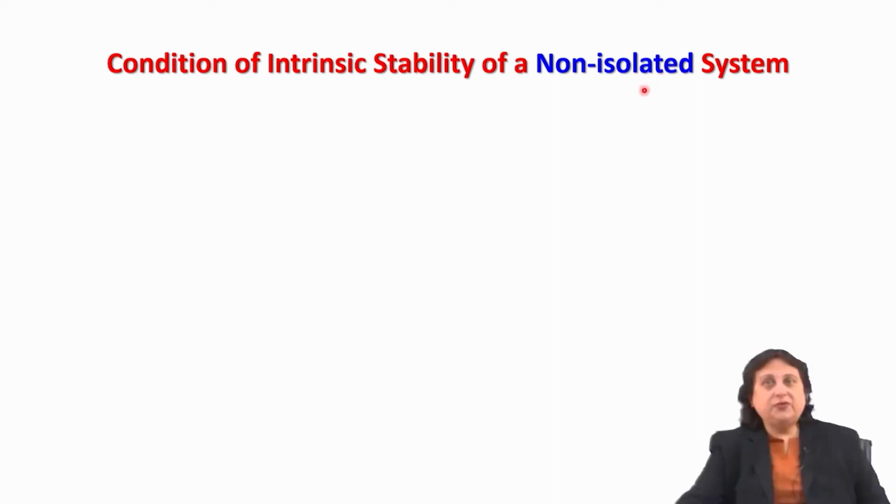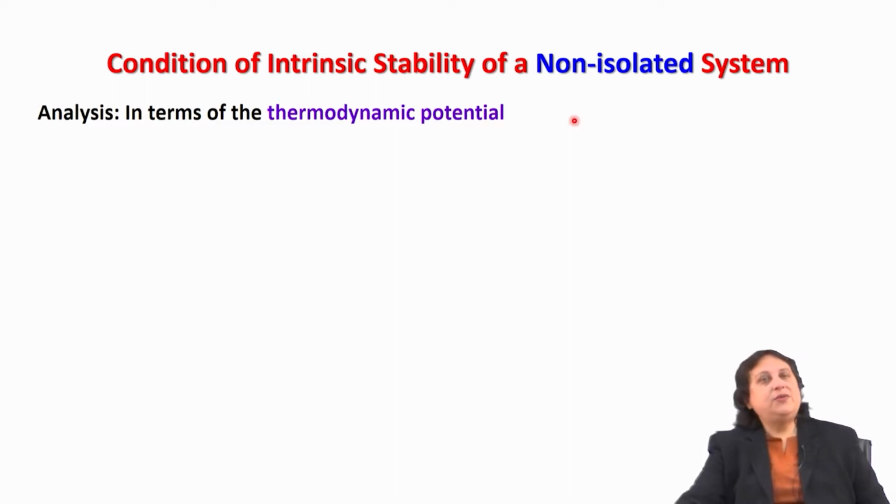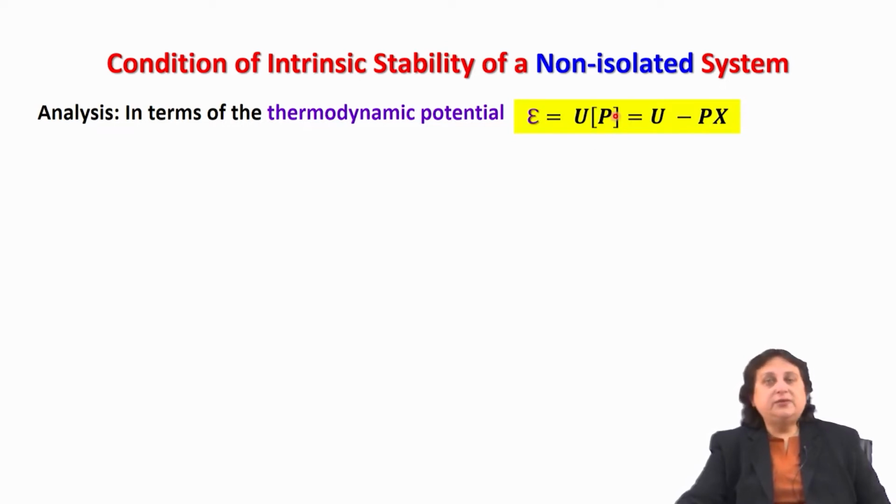Now, moving ahead, we can discuss the condition of intrinsic stability for a non-isolated system, because most of the real systems are non-isolated, as we have discussed before. So, what we will do is an analysis in terms of the thermodynamic potential. Let us say that I am looking at a thermodynamic potential which is a single variable Legendre transformation of U with respect to x.